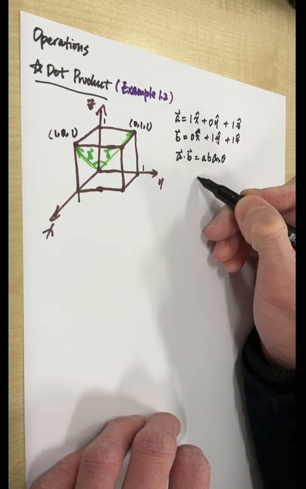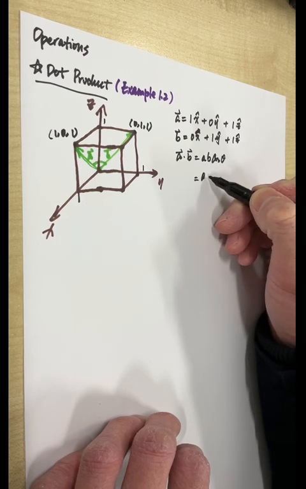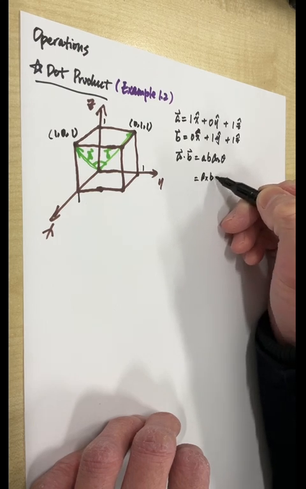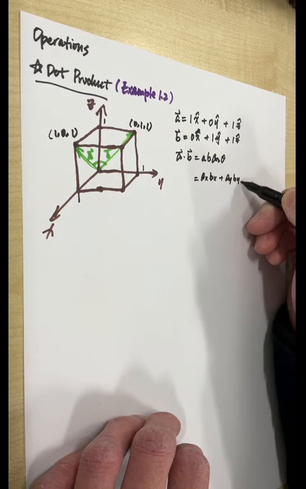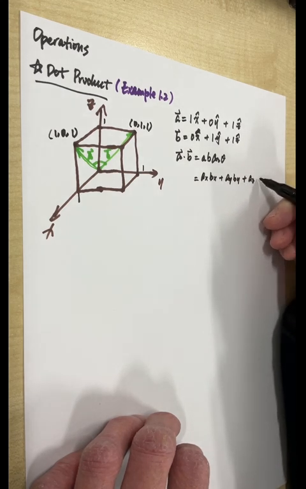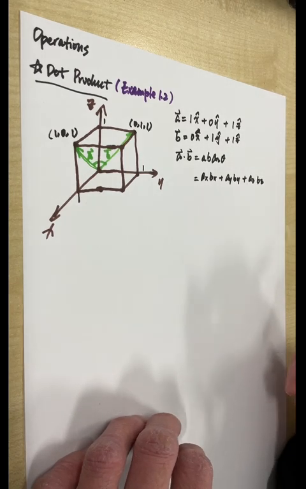And the second expression is AxBx plus AyBy plus AzBz. So these two should equal each other.